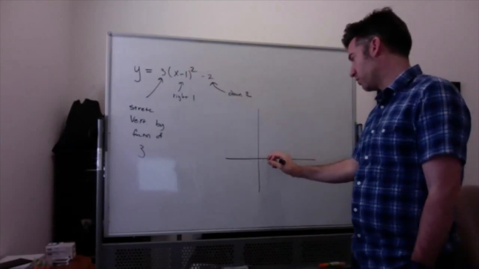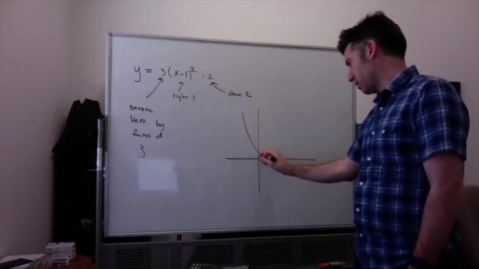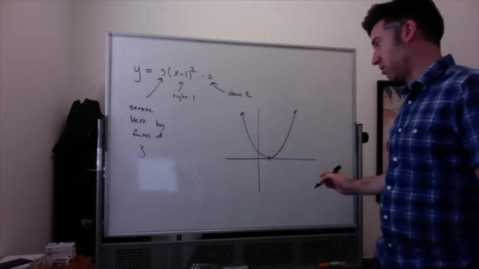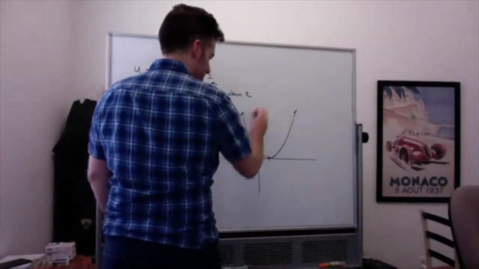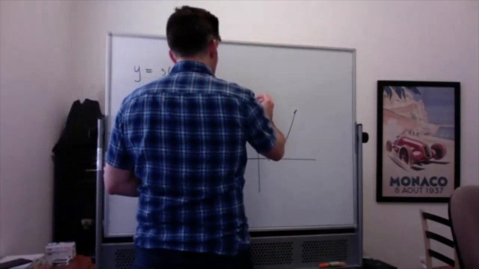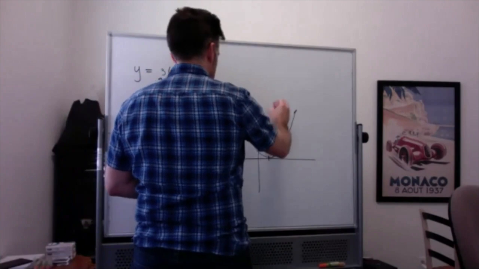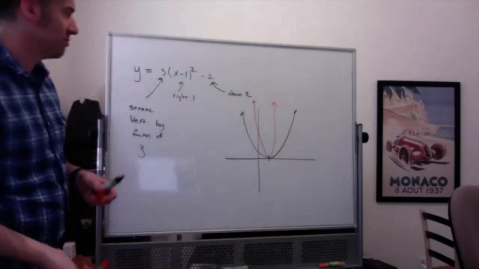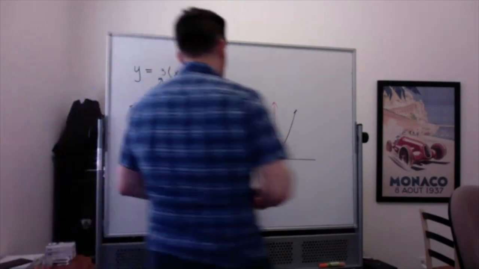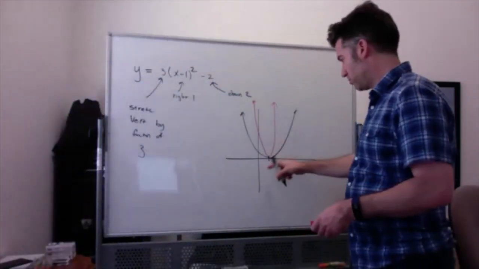So over 1 would be the usual parabola looking like this. But then we're going to stretch it up by a factor of 3, so it looks more like this. And then we're going to shift that down 2, which is going to end up right there.